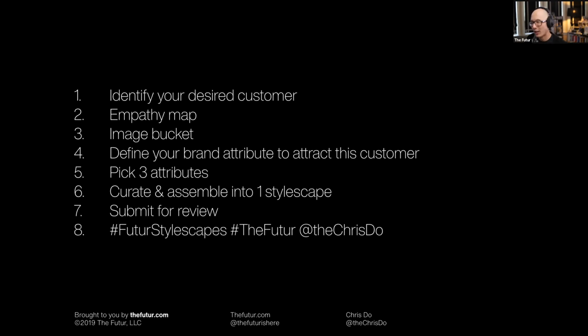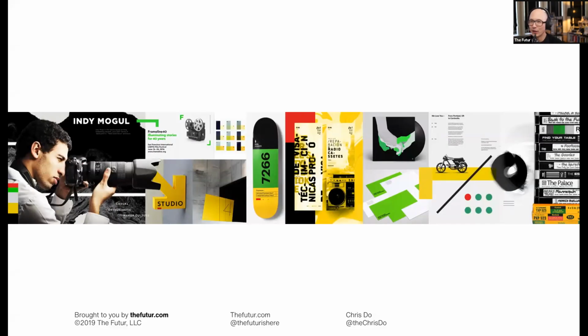You're sharing the language, right? So here's what we know. It's very difficult to get the customer to come to you, so you will go to the customer. In each one of these stylescapes, we imagined who the customer is. For example, let me go back to it. We imagined what this young indie filmmaker looks like, what he or she is doing, the world that's familiar to them.